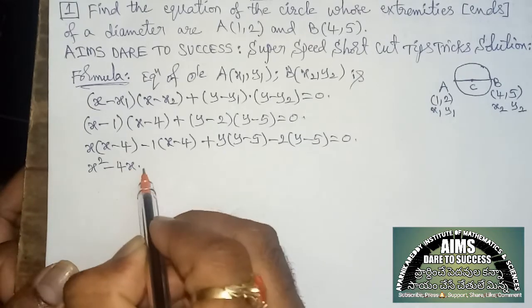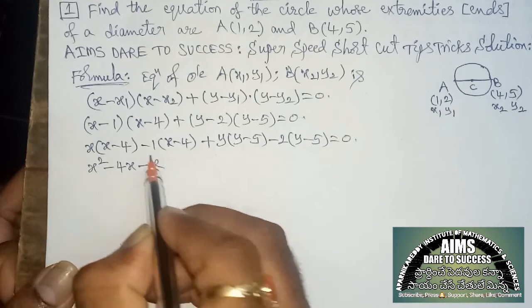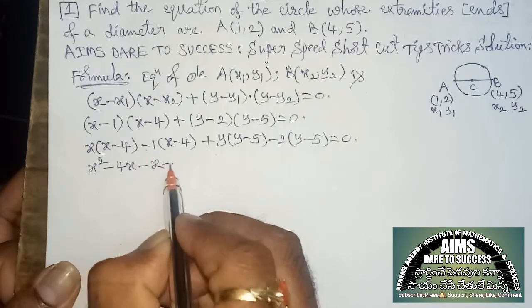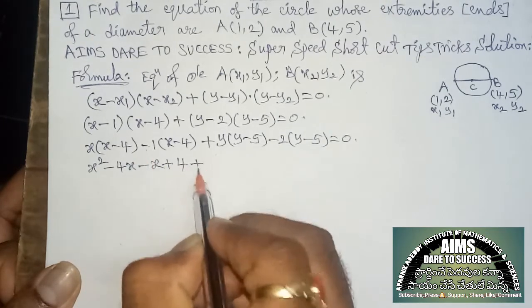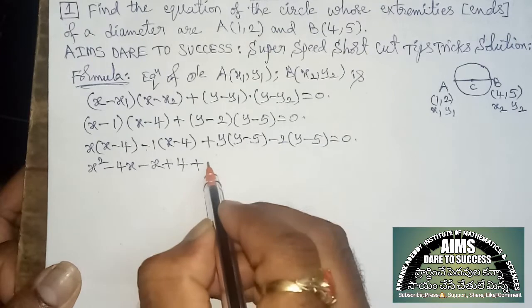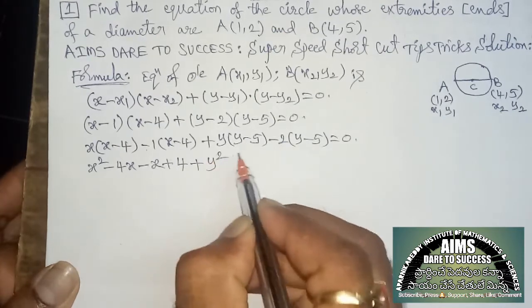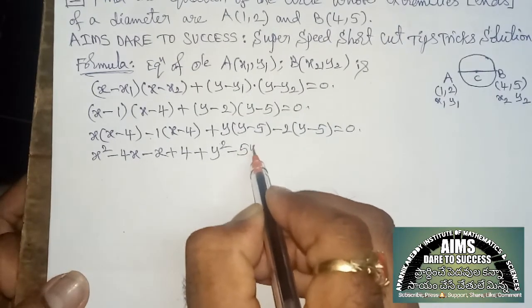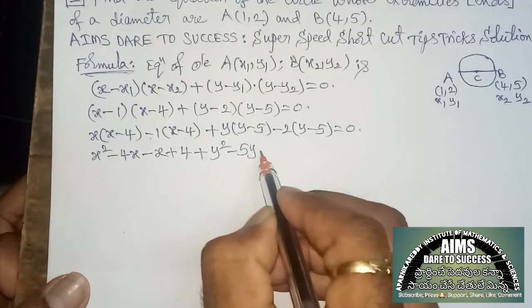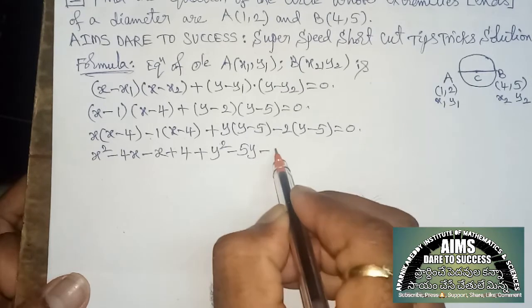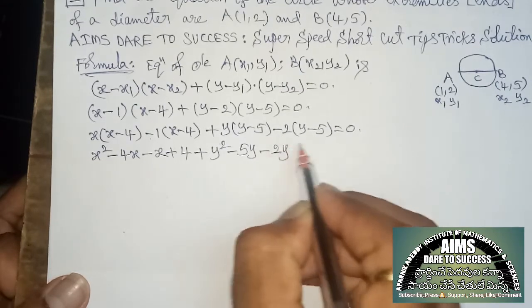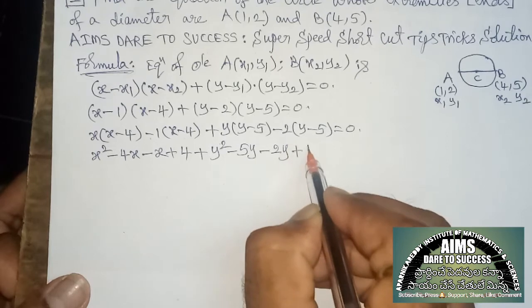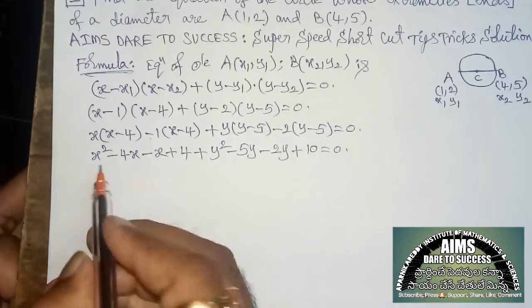Minus 1 into x is minus x. Then minus into minus is plus, 1 into 4 is 4. Plus y into y is y square. Plus into minus is minus, y into 5 is 5y. Minus 2 into y is minus 2y. Then minus into minus is plus, 2 into 5 is 10, is equal to 0.